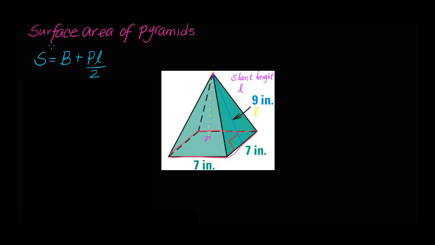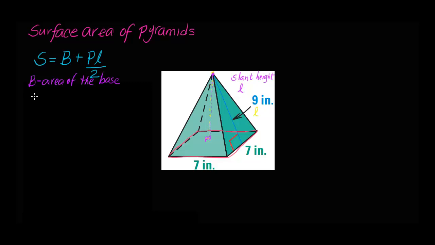In our formula, capital B stands for the area of the base. In this case, this pyramid has a square base. That means we have to look for the area of a square.